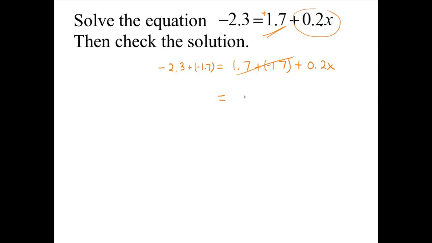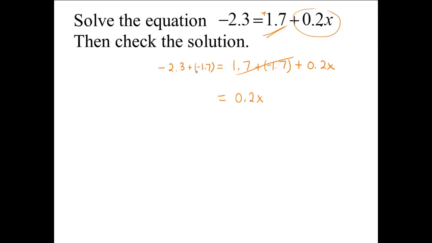So on the right side of the equation we have a positive 0.2x. We can drop that plus sign since there are no other terms over here. If this happened to be a minus sign right here, we could not drop it when we came to the next line. On the left side we have negative 2.3 plus negative 1.7.